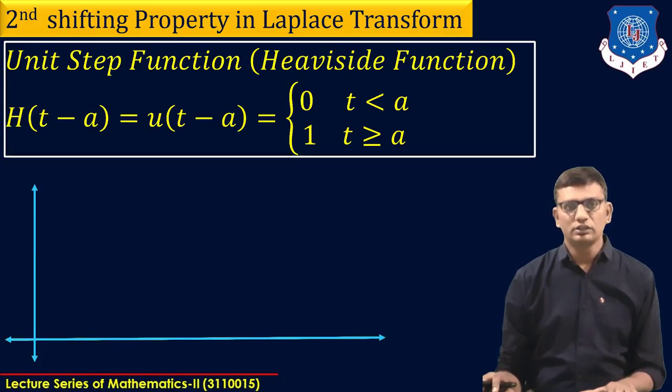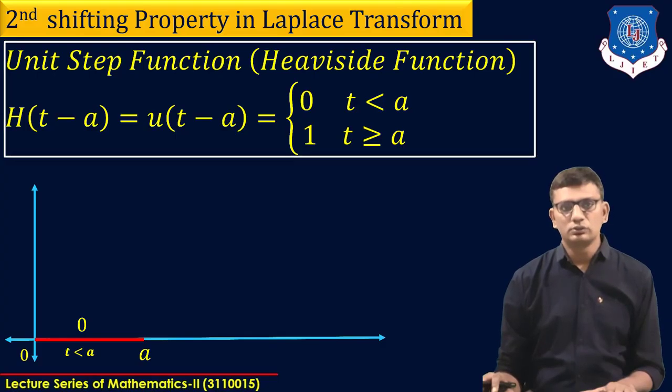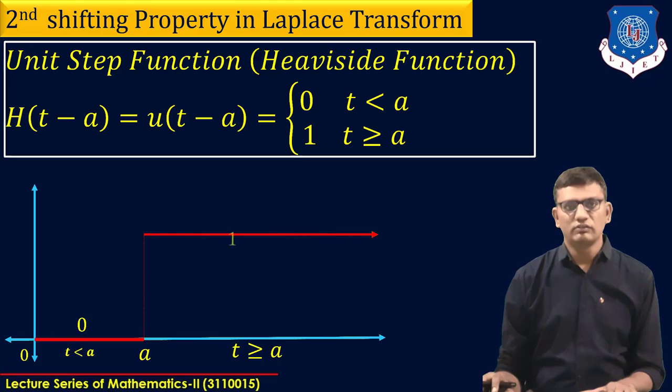Here we can draw the graph of this function. Here 0 to a is our range, then the function's value will be 0 for t less than a, and for t greater than or equal to a it is 1. So the graph is on the screen.